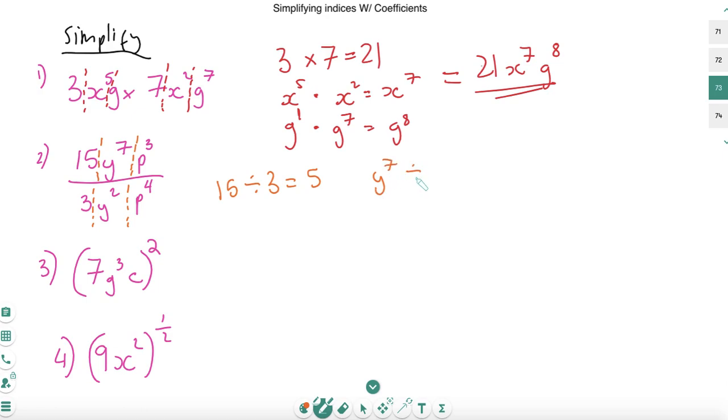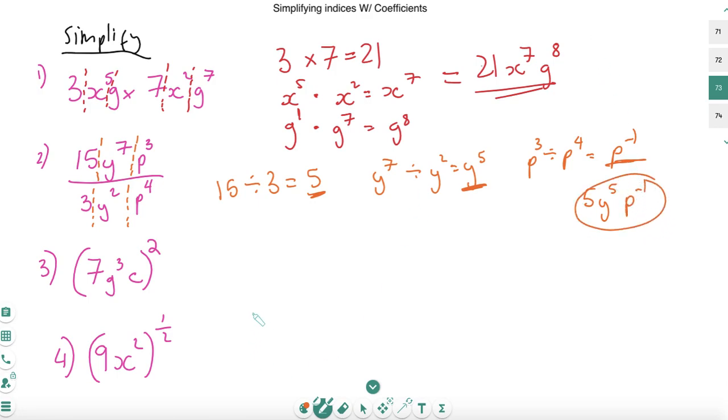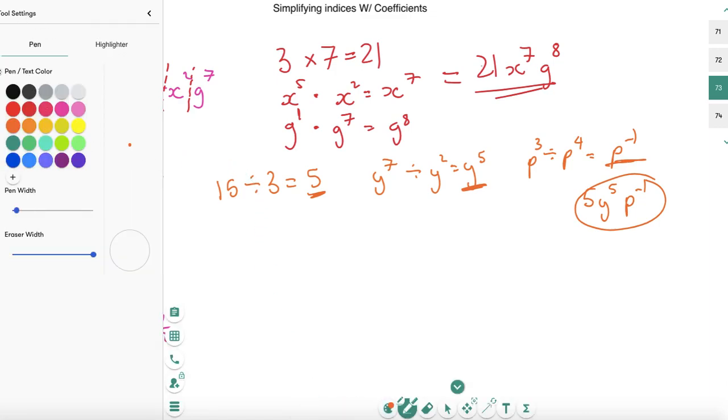Y7 divided by Y2. Well, our division rule is we subtract the indices, so Y5. And then finally, P3 divided by P4, P to the power of -1. So I combine them, it'll be 5 times y to the power of 5, and P to the power of -1. And that's our answer.